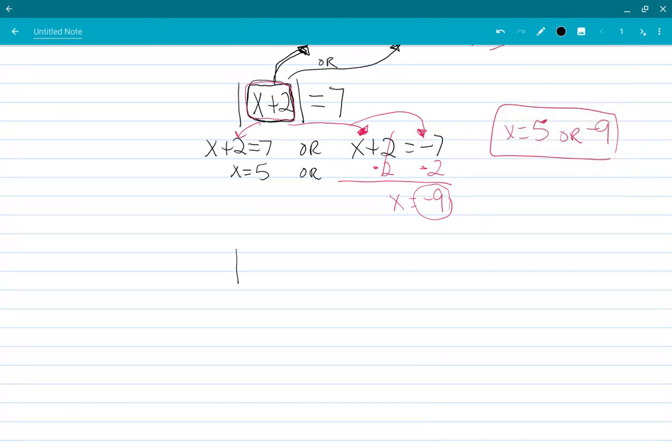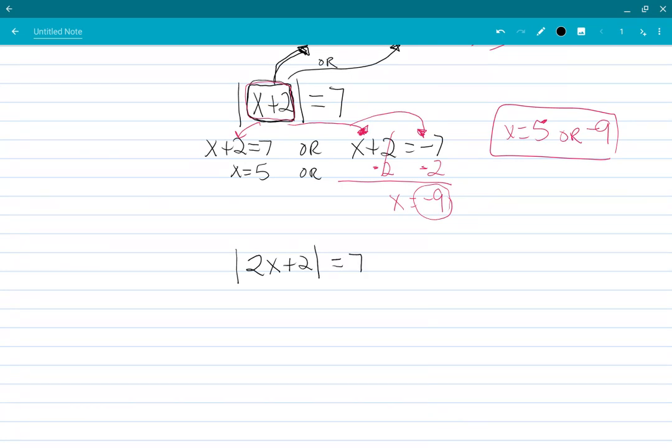Okay, 3x plus 2. Let me change that 3 into a 2. 2x plus 2, absolute value, is 7.